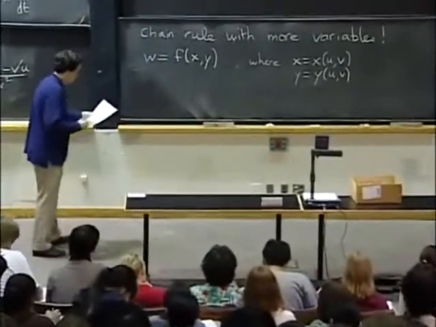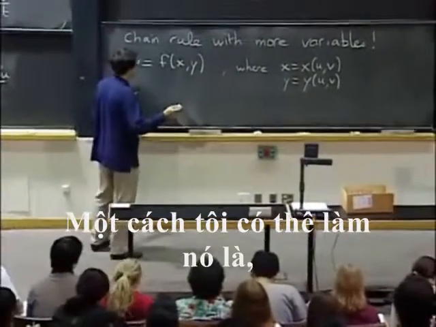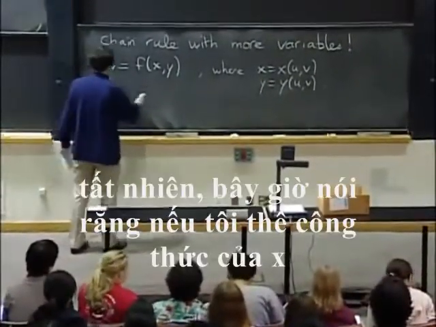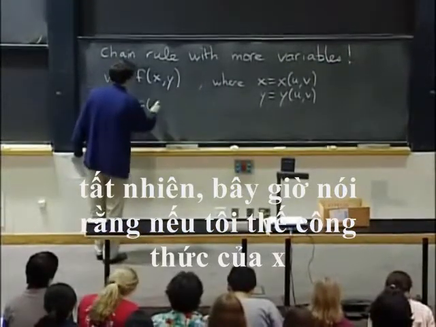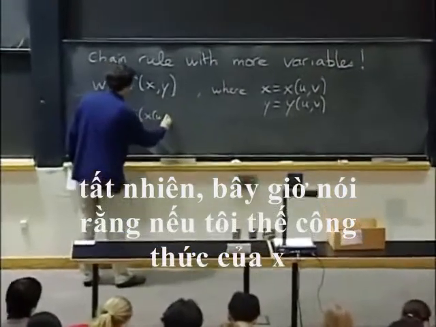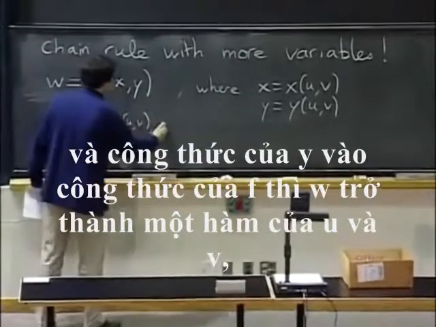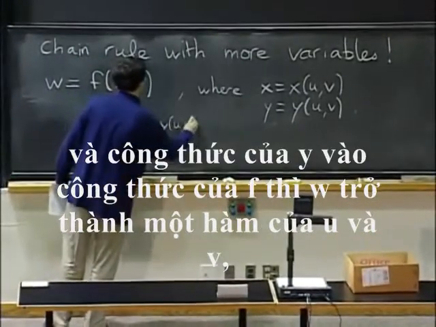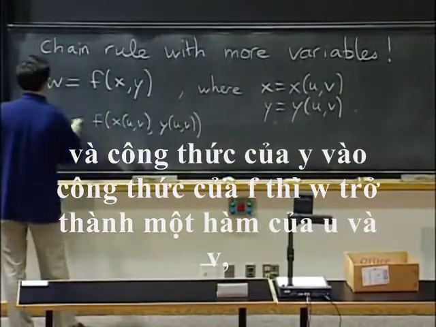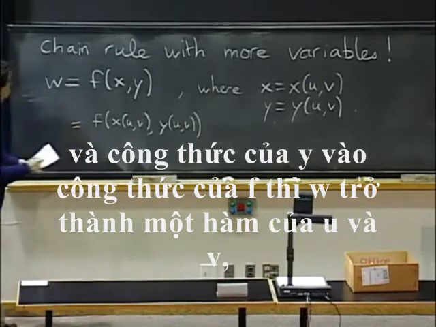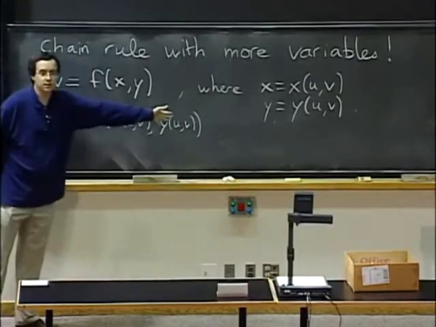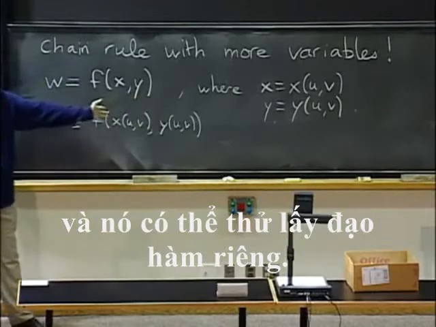Okay, so one way I could do it is, of course, to say, well, now if I plug the formula for x and the formula for y into the formula for f, then W becomes a function of u and v, and I can try to take its partial derivatives.